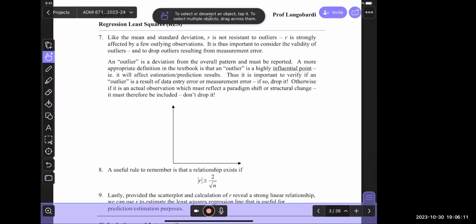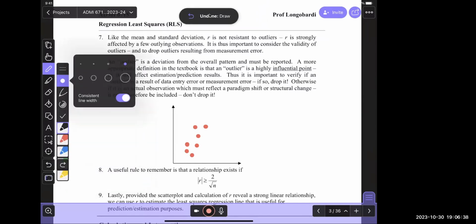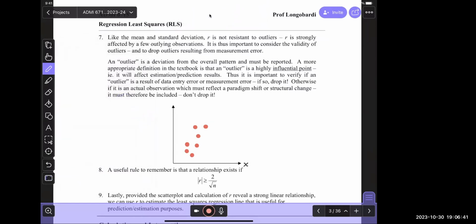So it means that if you have a scatter of data that looks like that, in this case the least squares regression line, the line that fits closest to all the points, will be something like that, possibly.